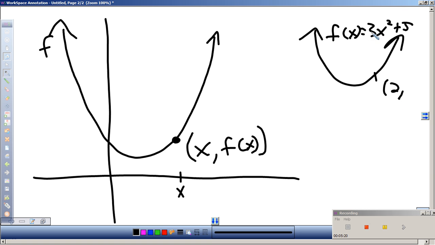Plug it into my equation. 2 squared would be 4, times 3 is 12, plus 5, 17. I can also write it as f of 2, because I'm plugging 2 into the equation. f of 2 happens to be 17 in this case, but here we're going very general.